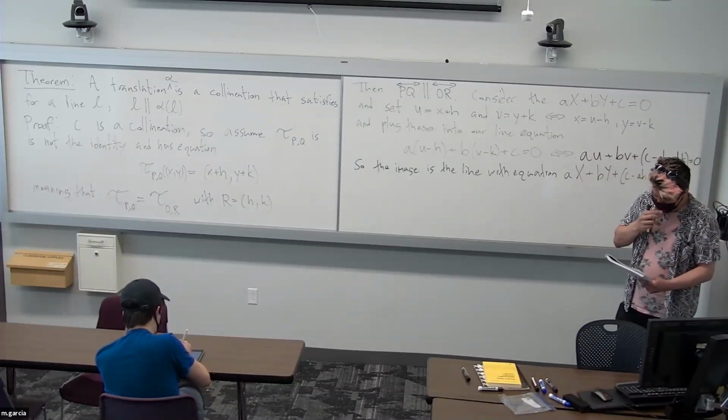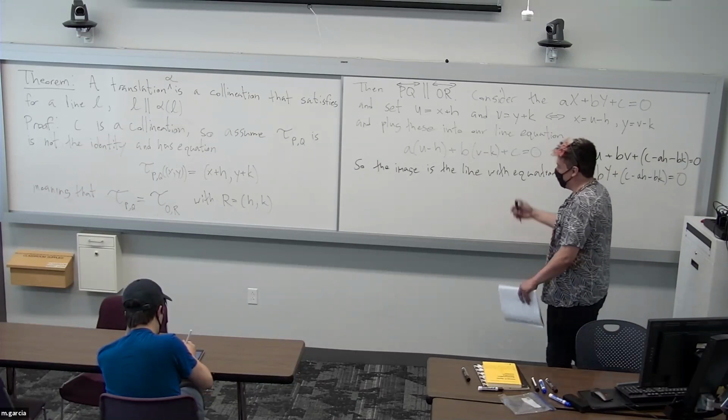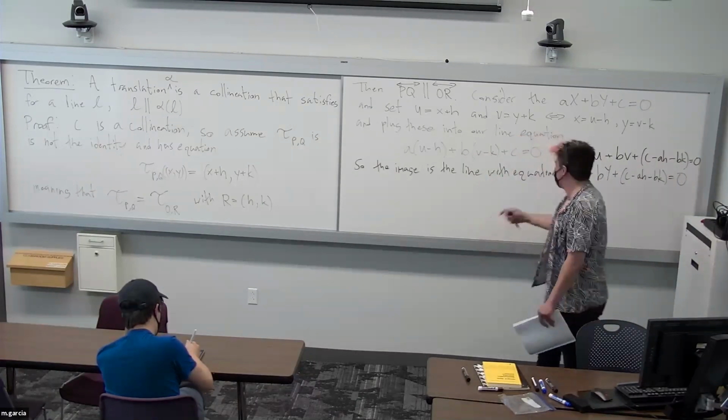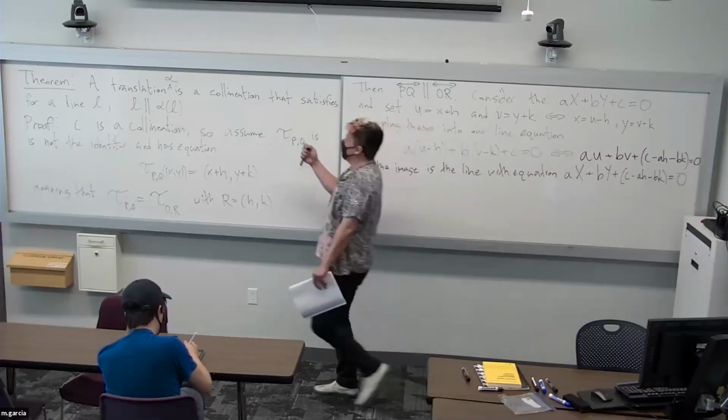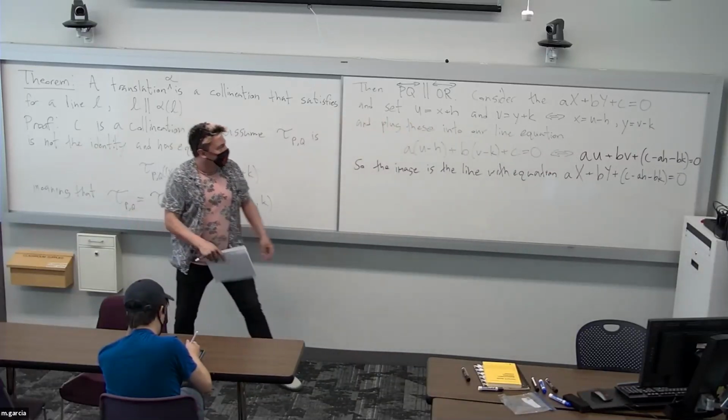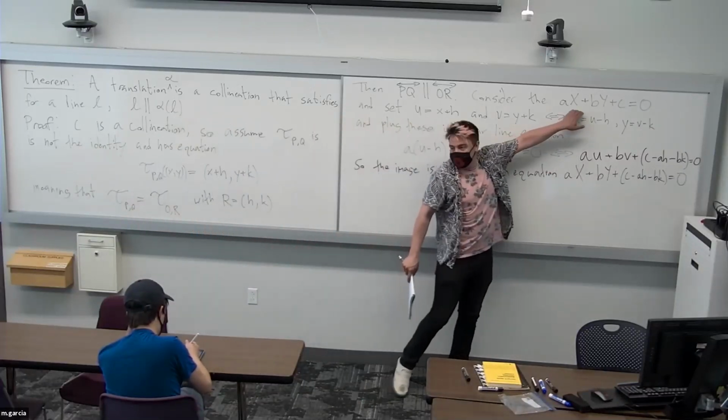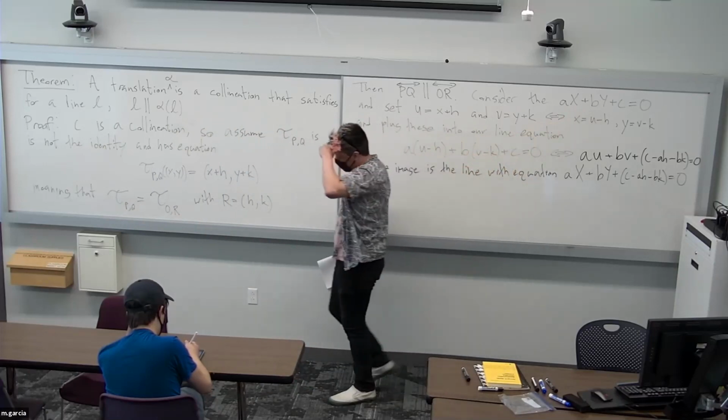Okay, so this is a collineation, right? Because we've now deduced the equation of the image of our generic line ax plus by plus c.